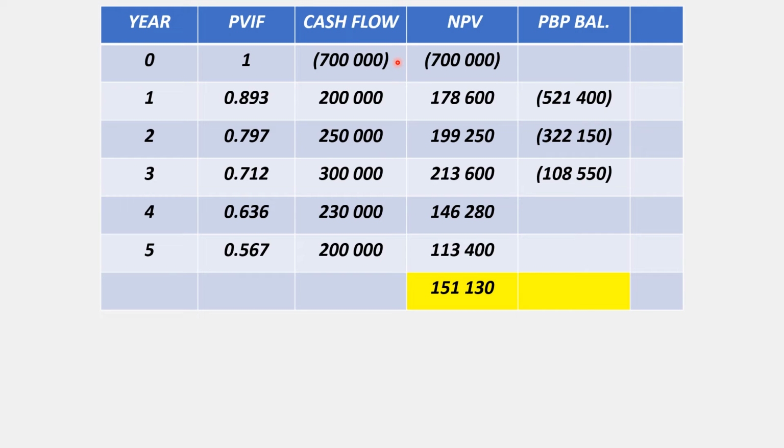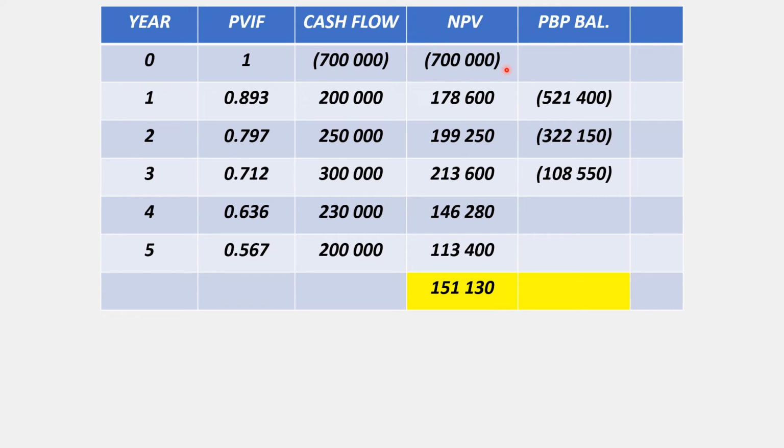Okay, so I have prepared the answer here in a table form. We have the years in this column, the present value interest factor, the next column the cash flow, and then the NPV. We get the NPV by multiplying the interest factor by the cash flow, right?